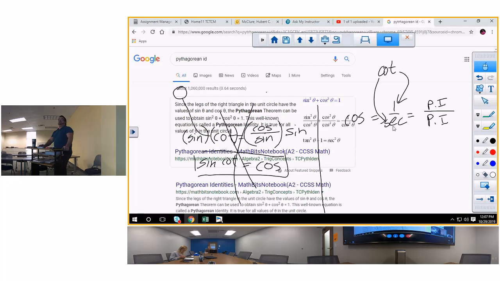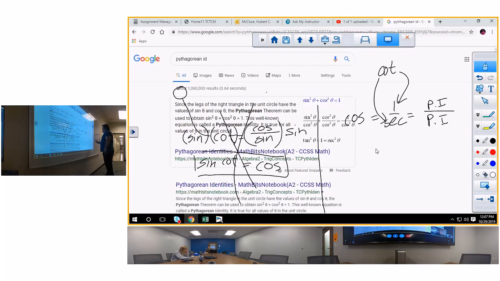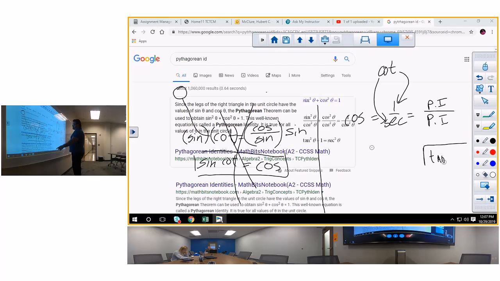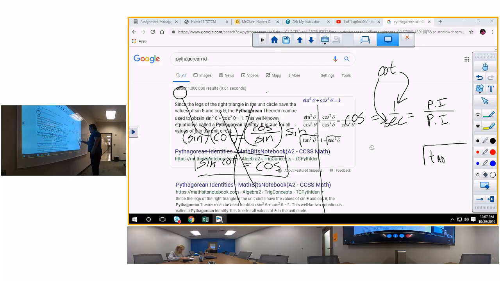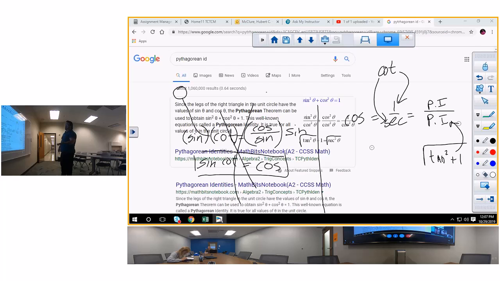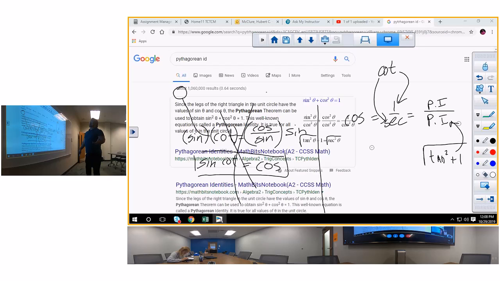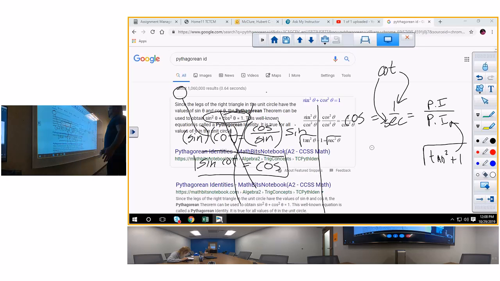So I could rewrite the secant by taking the square root of both sides: tangent squared plus 1, and that can go on the bottom. Now, I'm not saying it's right. I'm saying you have to play with it to see what you can figure out. And then of course, you know your Pythagorean identities, all of them are equal to 1, some way, some form.